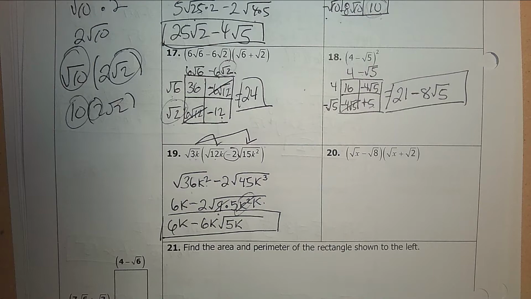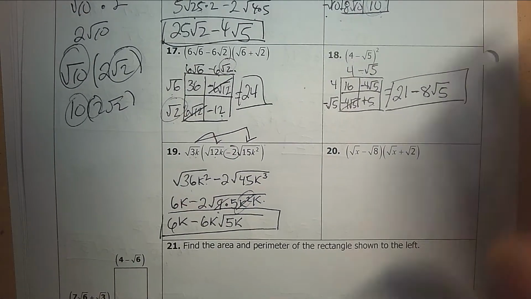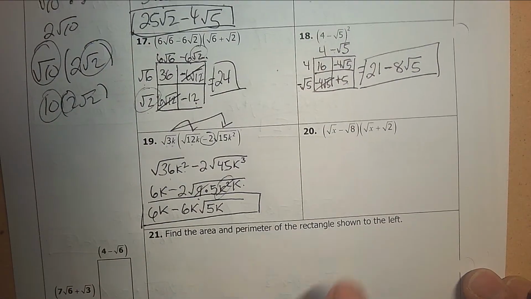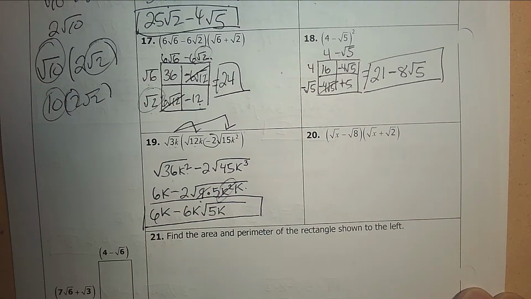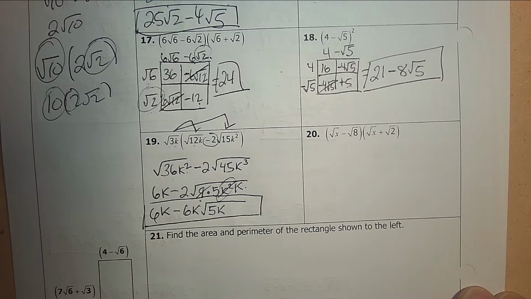All right, number 20. For number 20, we need to FOIL. So can you set it up in FOIL? Then I'll do it. Let's see if we did it right.